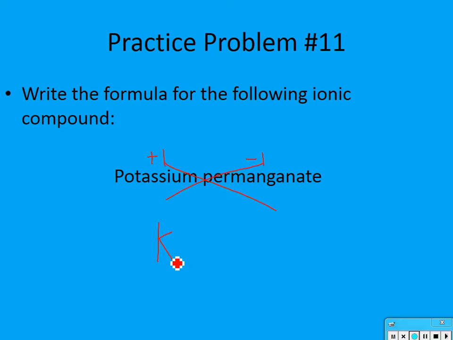Nice job, Ruben. So it would be what? MnO4. Do I need to bring the 1 down? Nope, 1's implied. So there we go: potassium permanganate. Very good. Let's do another one.